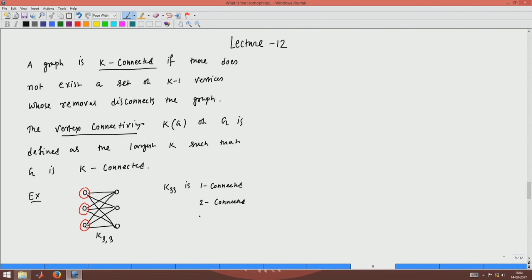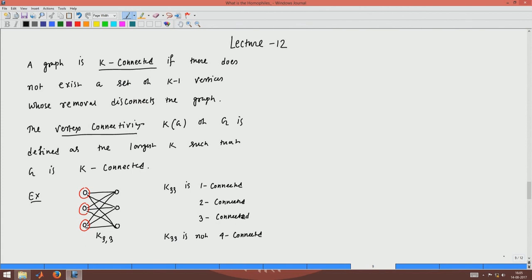This K33 is 3 connected, because there does not exist a set of two vertices whose removal disconnect the graph K33, but K33 is not 4 connected. Because there exists a set of 3 vertices whose removal disconnect this graph. So, the graph is not 4 connected.